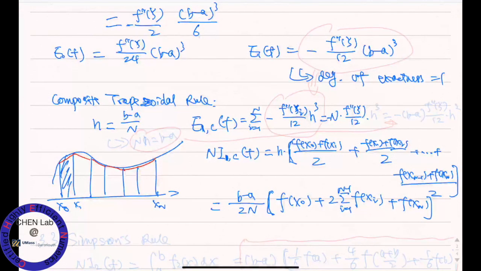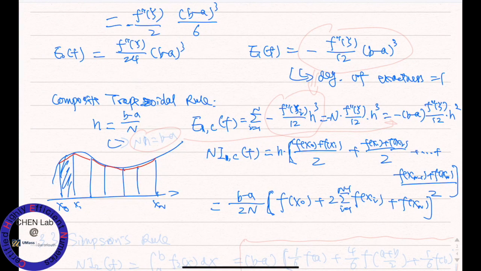Multiplying with h cubed, what we do is that n times h is b minus a, so it's negative b minus a times f double prime at c divided by 12 times h squared. n with one h makes b minus a; that's the definition of h.